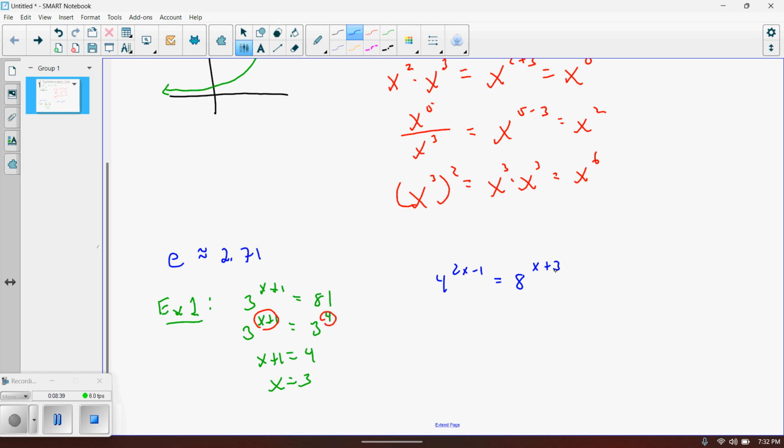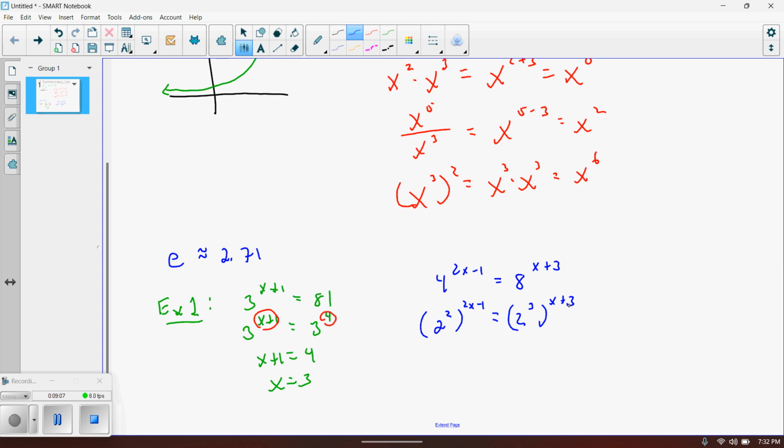But both 4 and 8 are powers of 2, so we can rewrite them as powers of 2. We can write 4 as 2 squared. Don't forget that's being raised to the exponent 2x minus 1. 8 I can rewrite as 2 cubed, but again, that is being raised to the power of x plus 3.